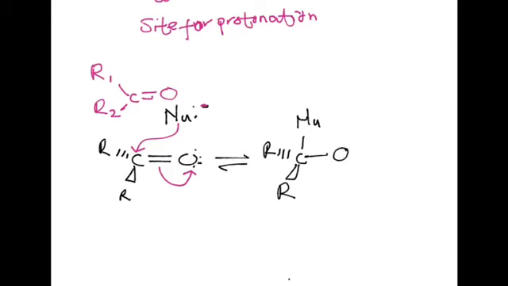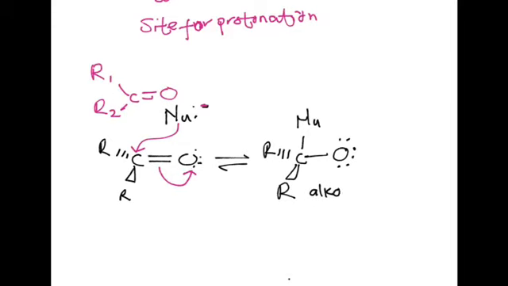So we have an R attached to this carbon, another R, and now the nucleophile. One of these bonds breaks and gives us three lone pairs of electrons on this oxygen. So this is an alkoxide.